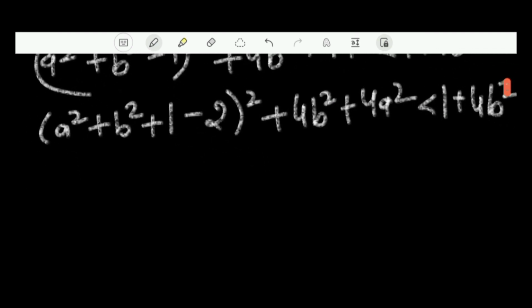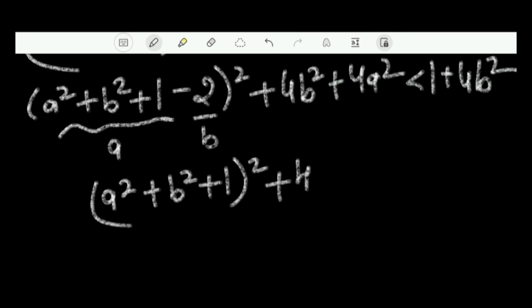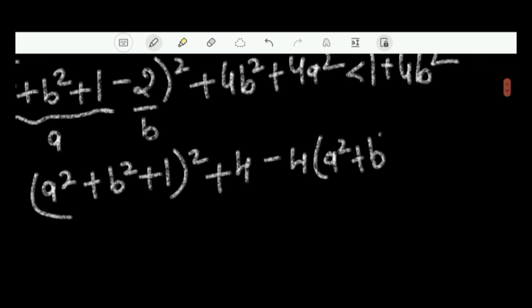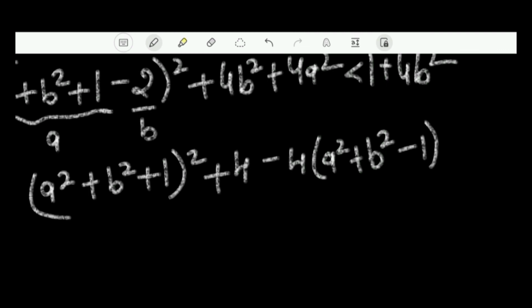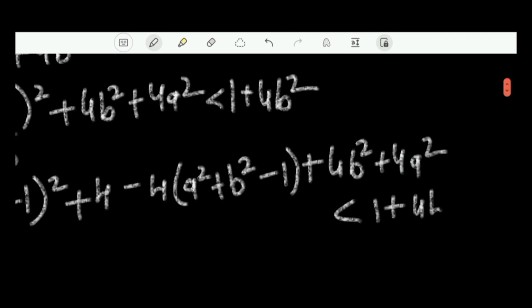And if you use the formula of a minus b whole square by assuming this whole term as a and this 2 as b, you can rewrite this as a square plus b square plus 4 minus 4 times a square plus b square minus 1, and the rest of the part is the same, square, which is less than 1 plus 4b square.